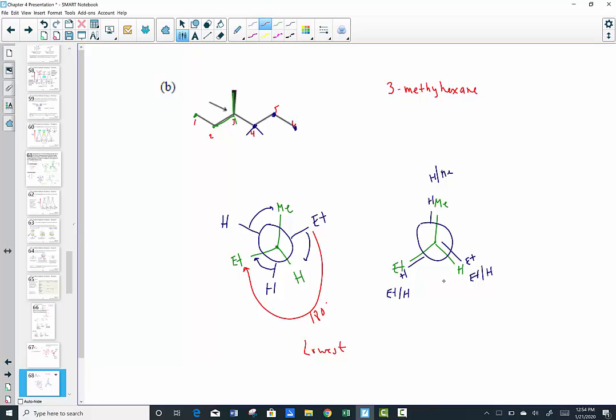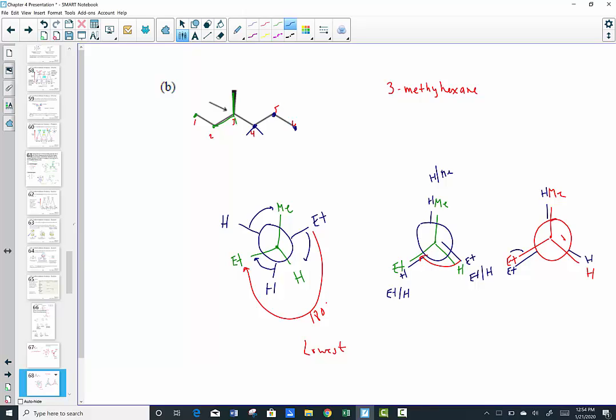Do you see anything even of higher energy? What if we spin this again? Let's keep the front the same. That had a methyl, hydrogen, ethyl. But what if we spin again in the back? Spin this ethyl all the way over to where it's behind the other ethyl. Spin it again. And you'll find, coming off of the back carbon, an ethyl to ethyl interaction, which is of highest energy.